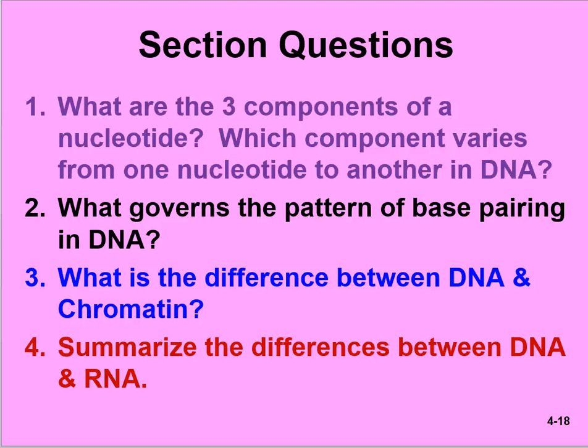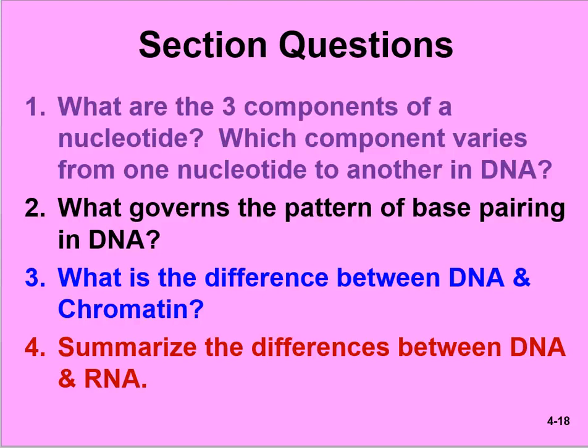Number 4, summarize the differences between DNA and RNA. Well, they're both polymers built with nucleotides, but remember, DNA is double-sided. It's a double helix, like a twisted ladder, whereas RNA tends to have just the single side, whether it's mRNA and it's kind of just a straight single-sided chain, or if it's ribosomal RNA, it's kind of clumped in its form, and tRNA twisted into a clover leaf.